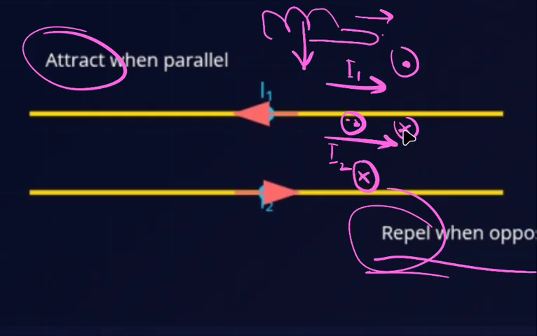So here, unlike poles together, they attract each other. One is going into, one is going out of that. So they are generated here for both the wires. So that's why definitely they will attract.